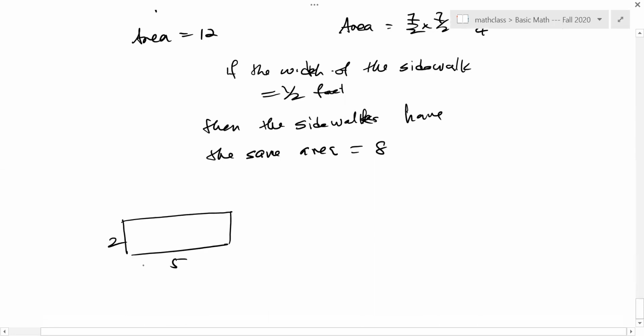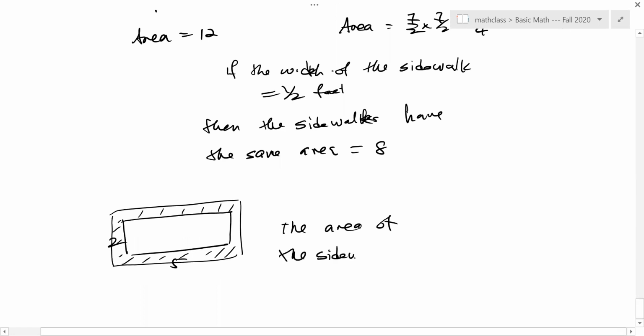Then you find the area of the sidewalk, and in this case the area of the sidewalk is going to be 8.